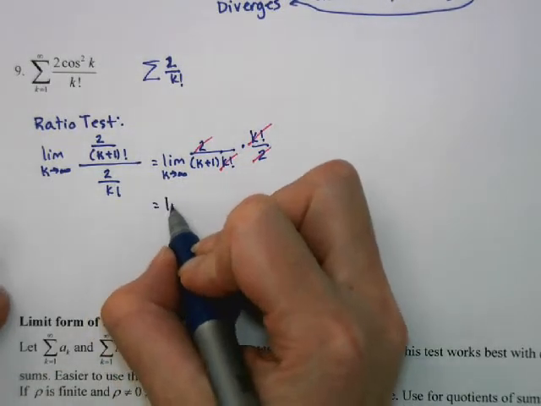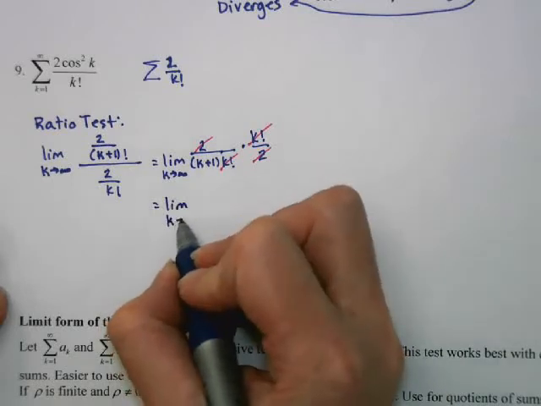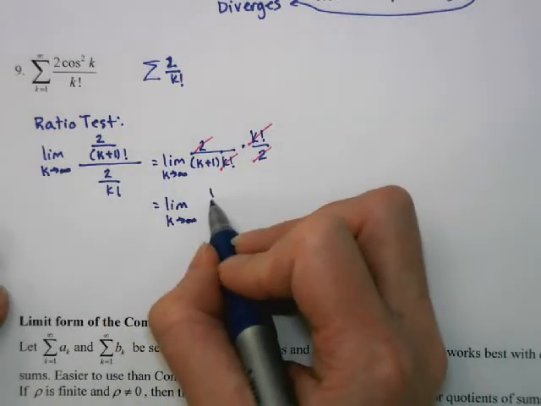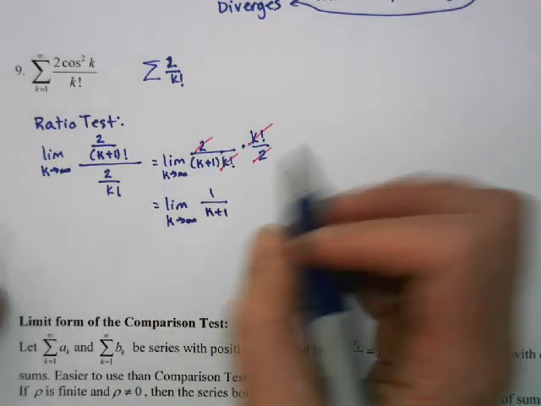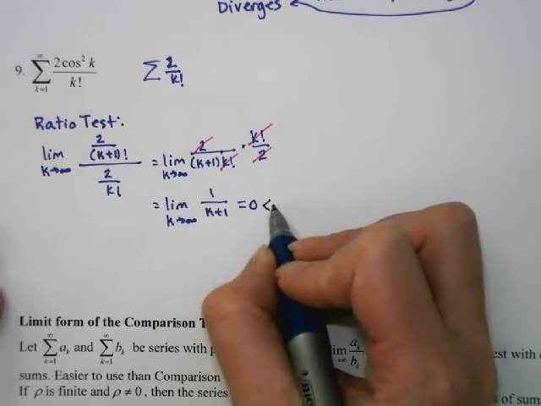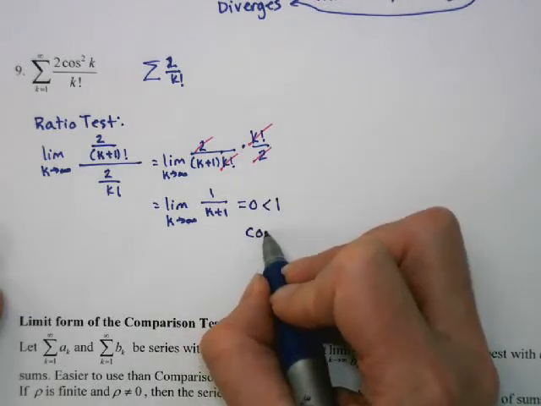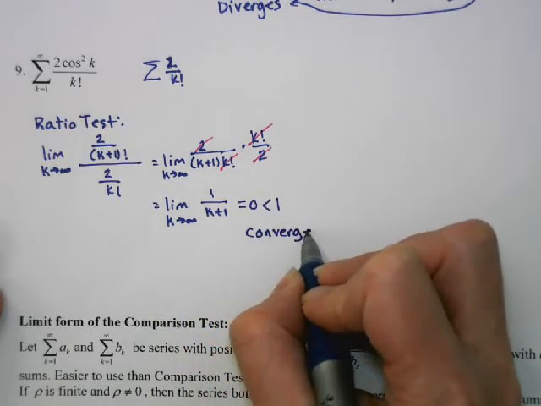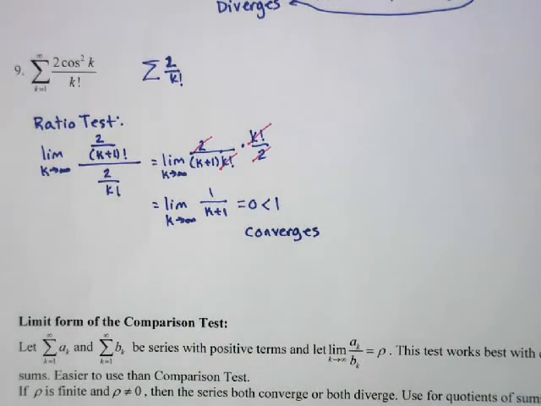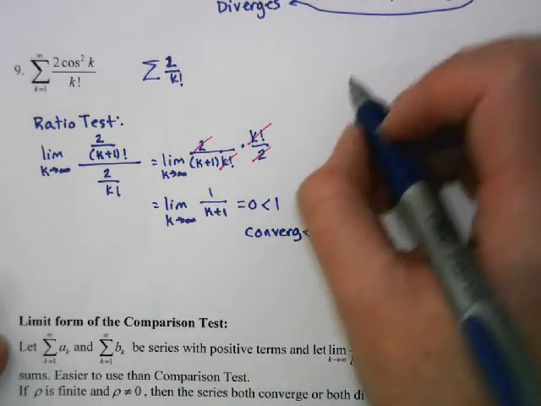So we're just left with the limit as k goes to infinity of 1 over k plus 1, which is 0, which is less than 1, which means this series converges.